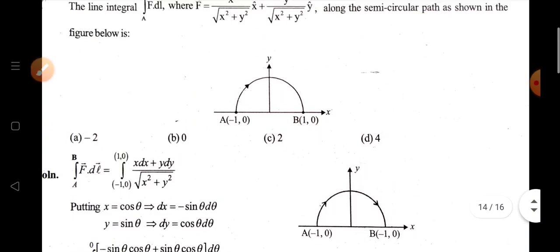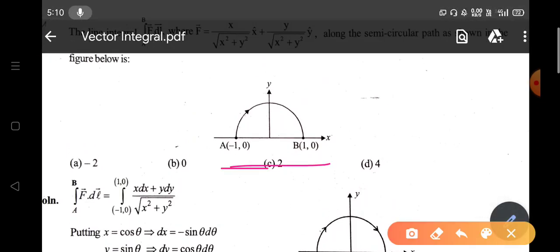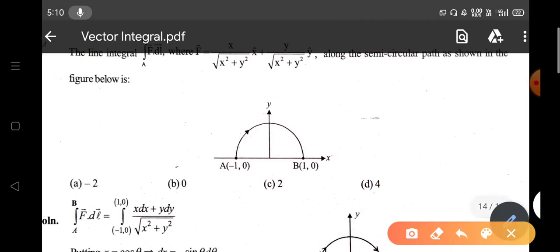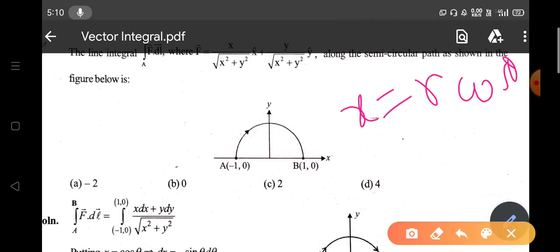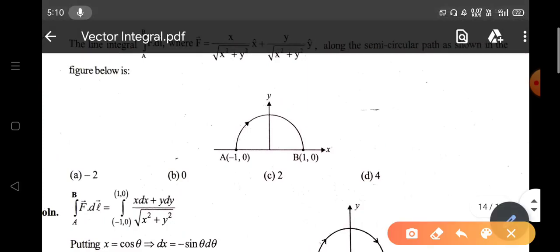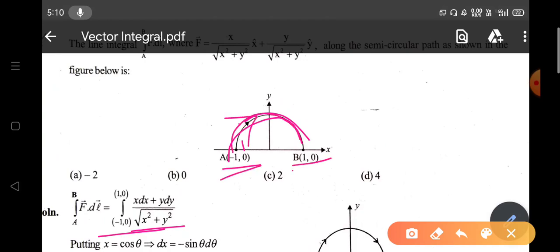So here, for the simplification of calculation we will take the polar coordinate, not the rectangular or Cartesian coordinate system. For the polar coordinate we can write x equals r cos theta and y equals r sin theta. The arrow is along this side, so we are going from minus 1, 0 to 1, 0.